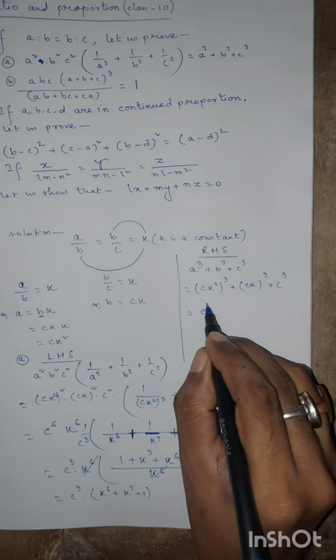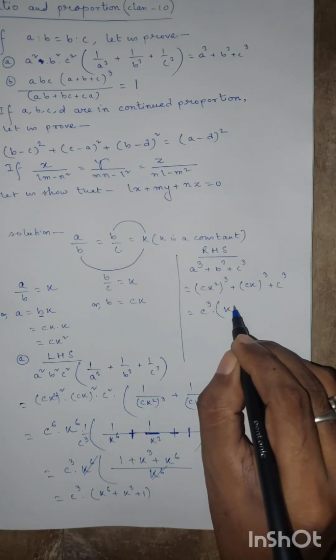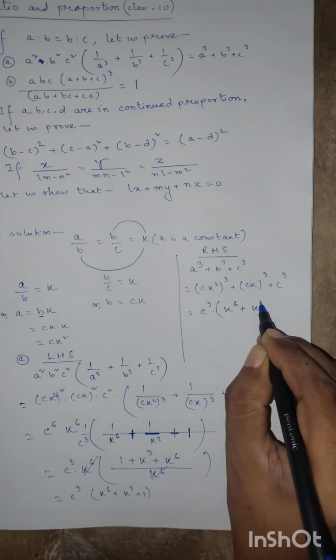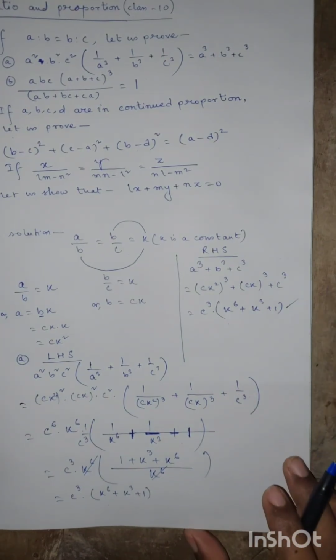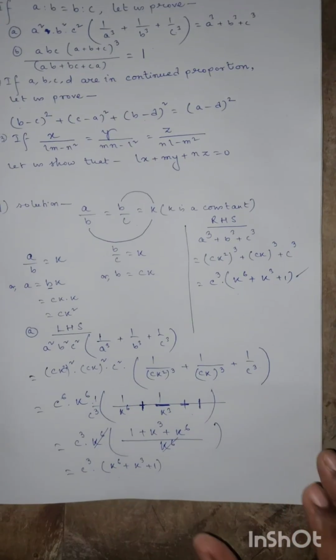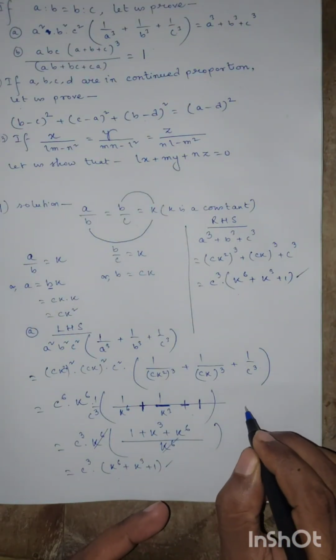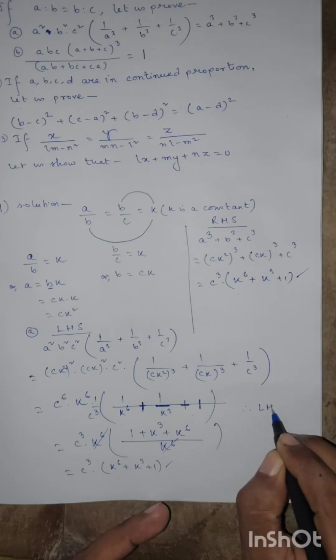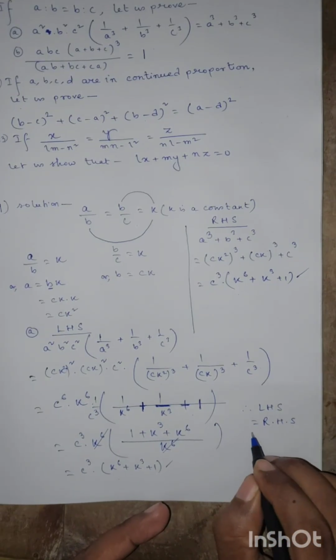We can take c cube common, so we are left with k to the power 6 plus k cube plus 1. So we can see that RHS and LHS are equal. That means these two things are equal. Therefore LHS equal to RHS. Proved.